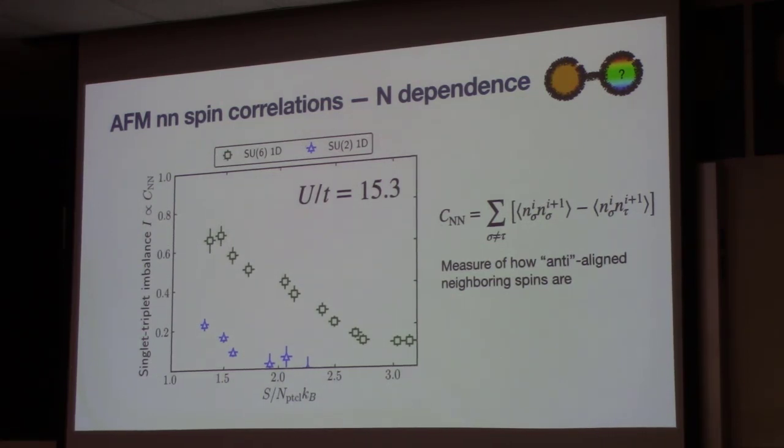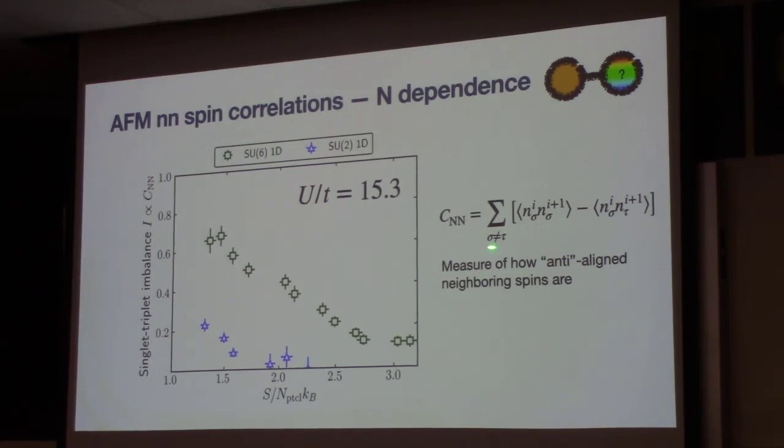What we have in this plot is, on the x-axis, the entropy per particle. On the y-axis, it's this quantity called the singlet-triplet imbalance. It's just the name of what they're doing. But what is important is that this quantity is proportional to the nearest neighbor spin correlation function.